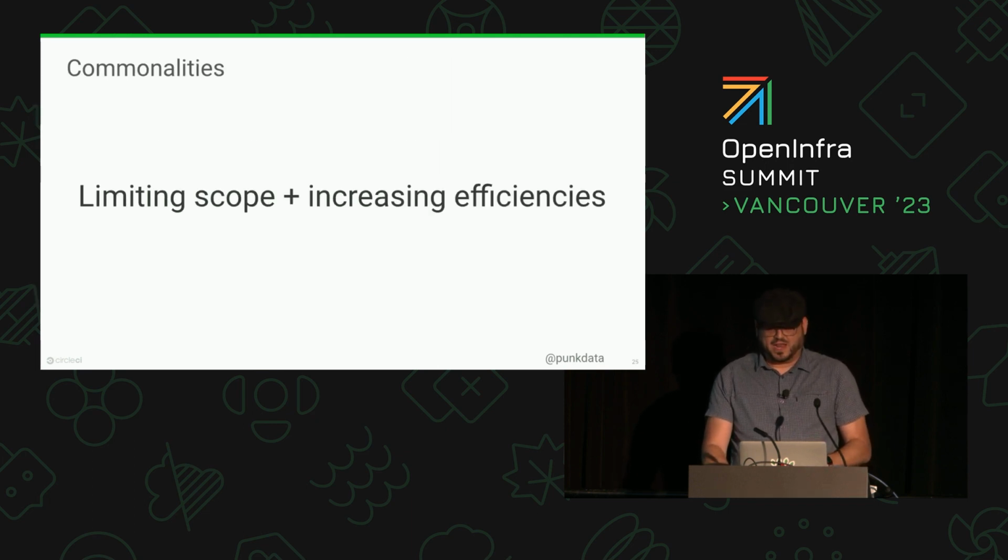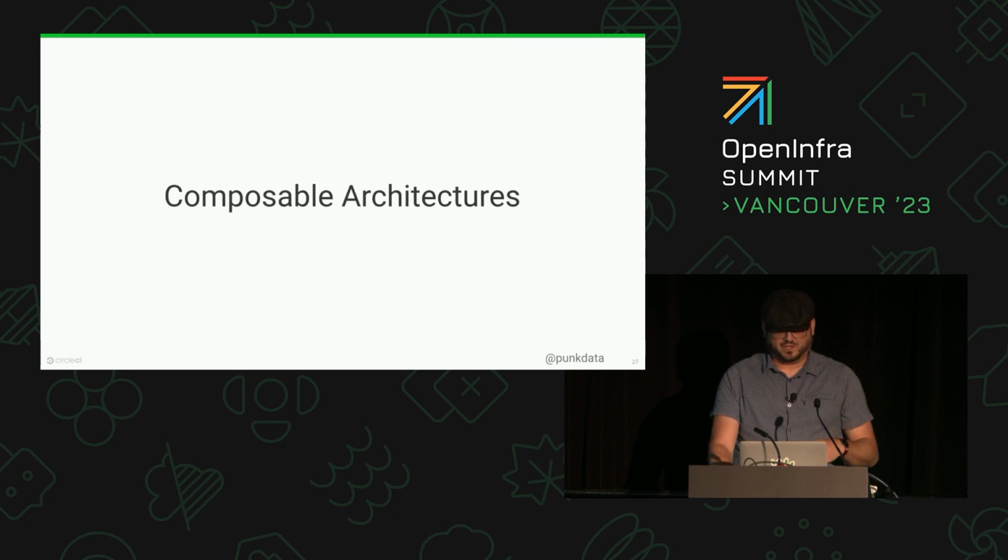The commonality of the practices I just talked about, agile and breaking things out of a monolith, is that you're limiting scope and increasing efficiencies. Those are the results you should get once you go through decomposing a monolith.